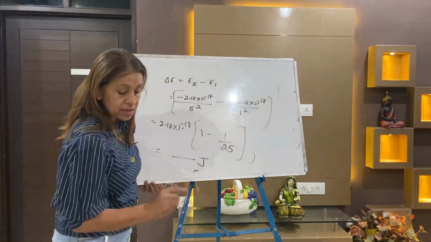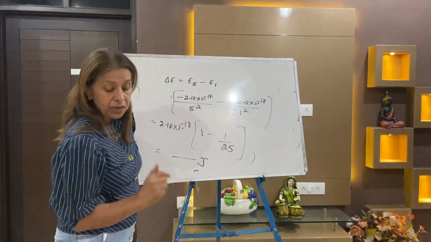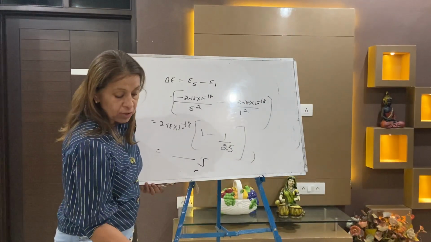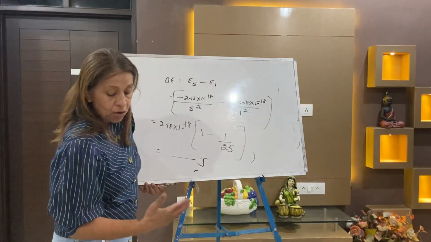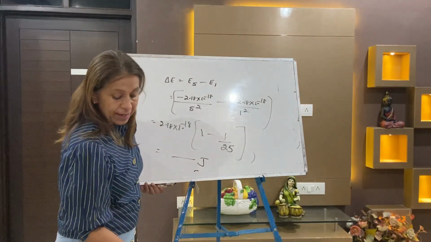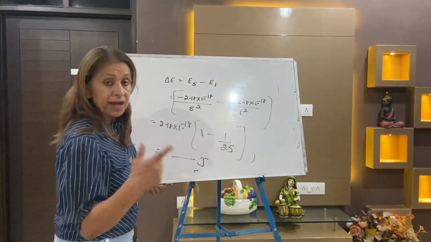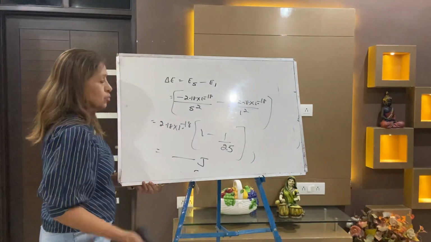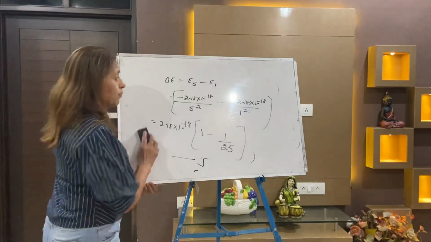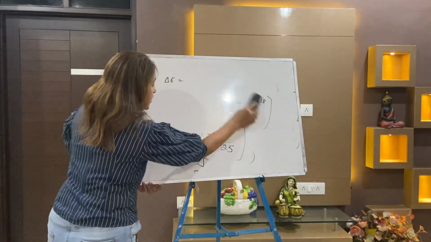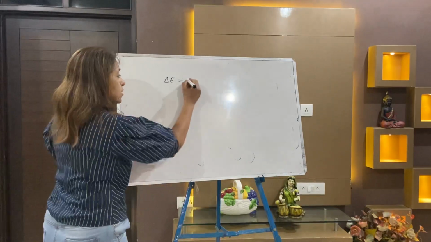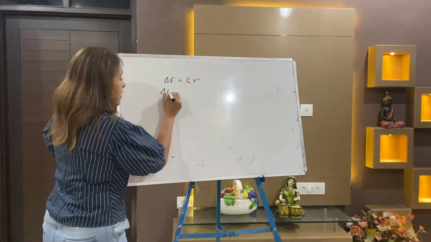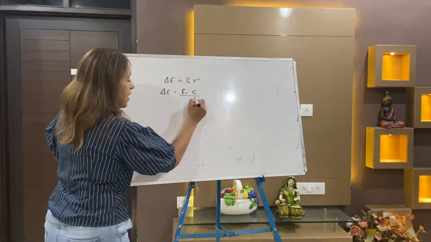The question is, what is the energy in joule required to shift the electron from first to the fifth orbit? And they are also asking the wavelength of the light emitted when the electron returns. So this is the way to calculate delta E, and after that delta E is equal to h nu, and nu is c by lambda.